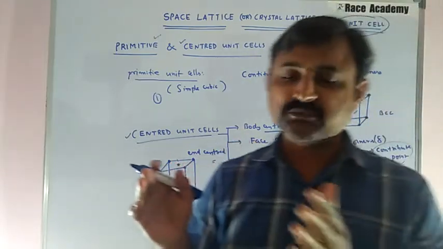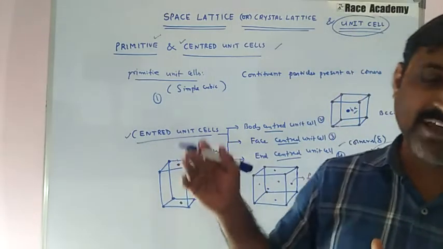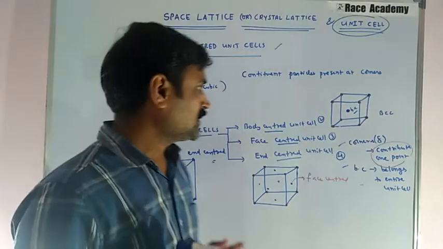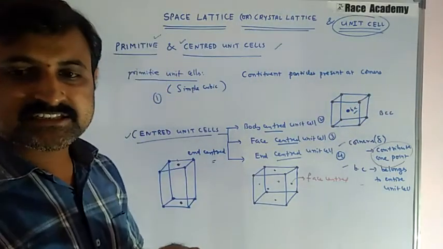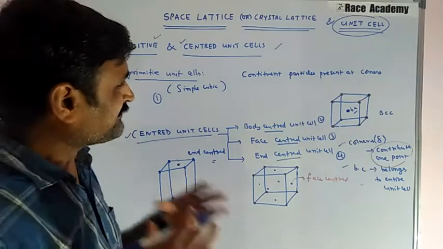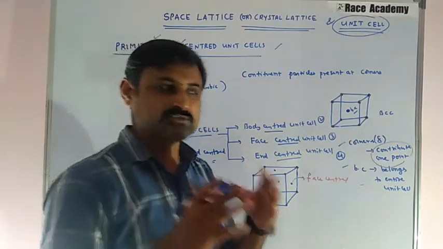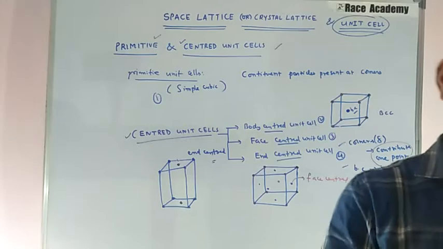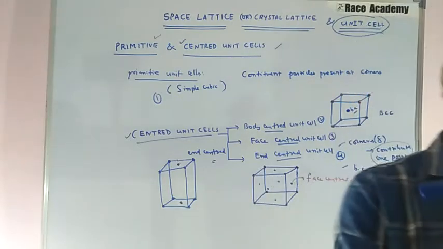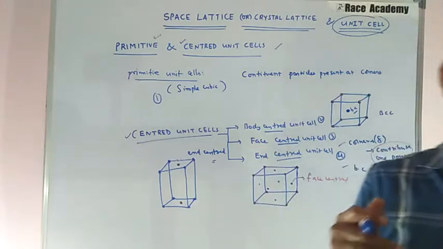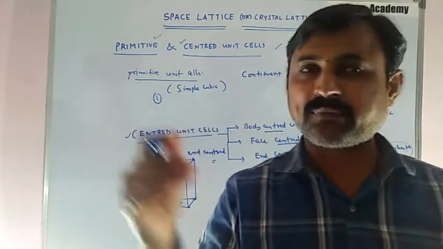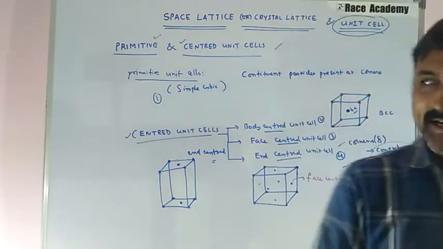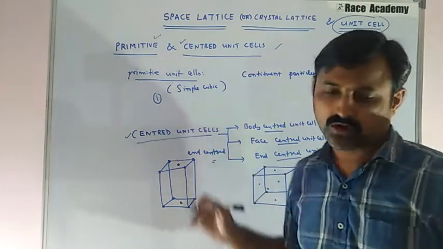He is a French mathematician who gave these possibilities. The entire crystal system is divided into 7 systems. In the 7 systems, such as the cubic crystal system, what are the possible variations, what are the axial angles, and how are the axial distances present, we will see in a tabular column now.